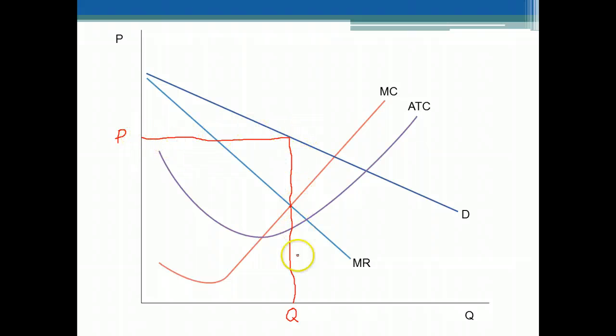So my revenue would be this red box. I would then look at my average total costs, where it hits the average total cost curve, and back across. And so this bottom box here would be my costs.